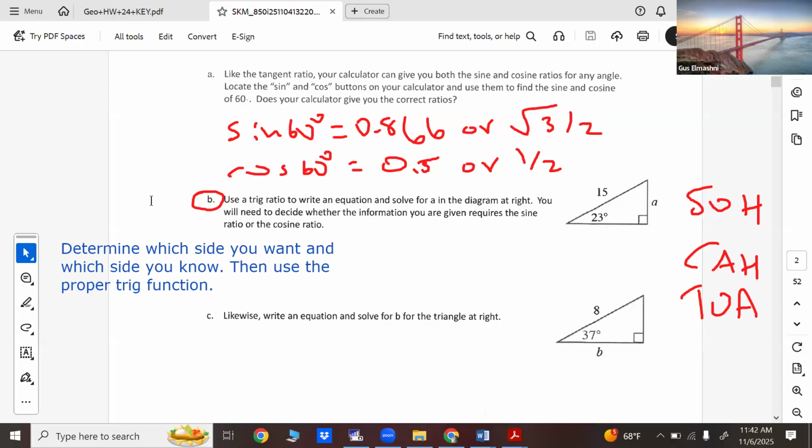I want the opposite. I know the hypotenuse. So I want to relate O and H. Which of these letters relates O and H? The S, the C, or the T? Which one uses O and H? There we go. Good. So you're gonna say sine of 23 degrees.